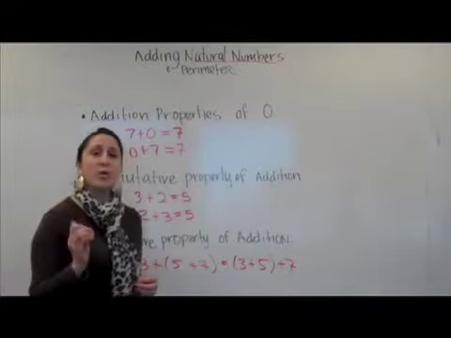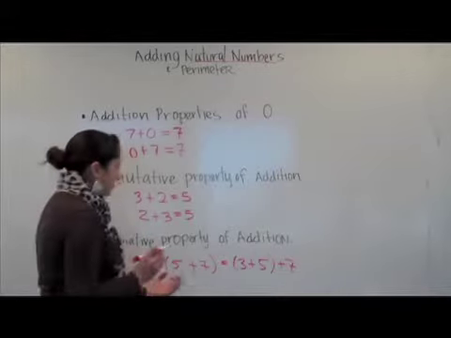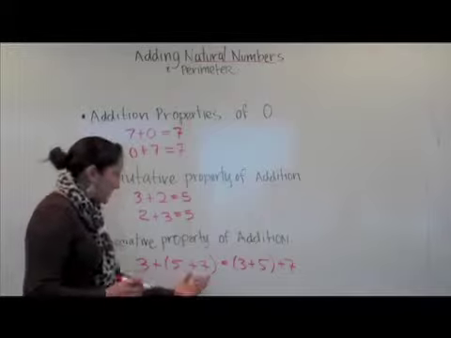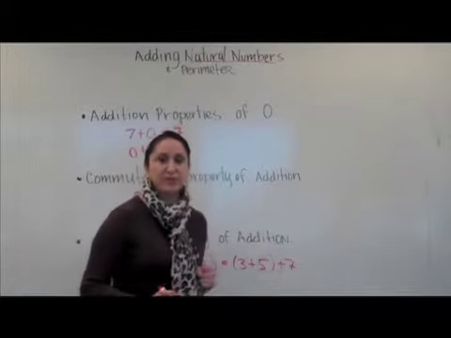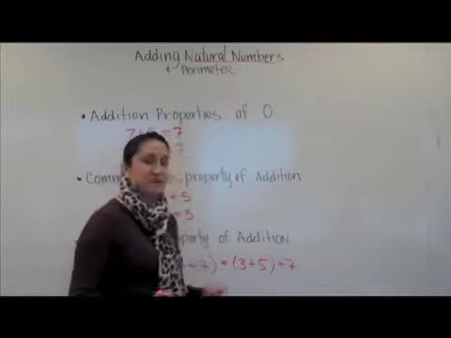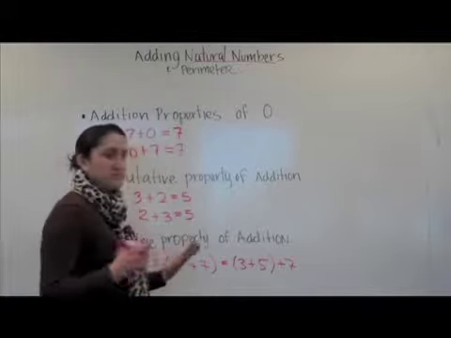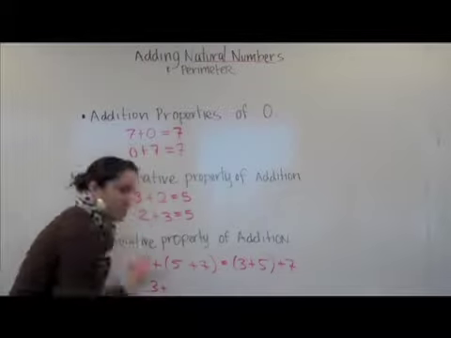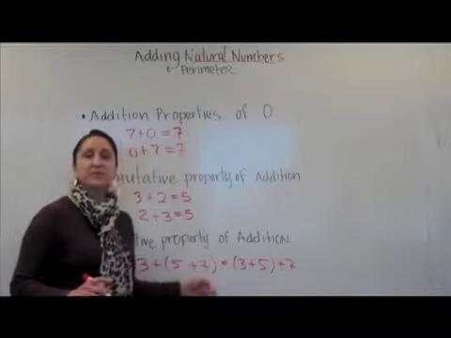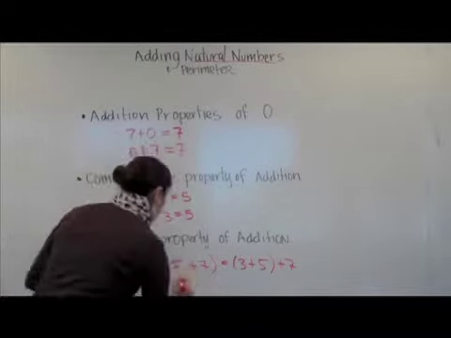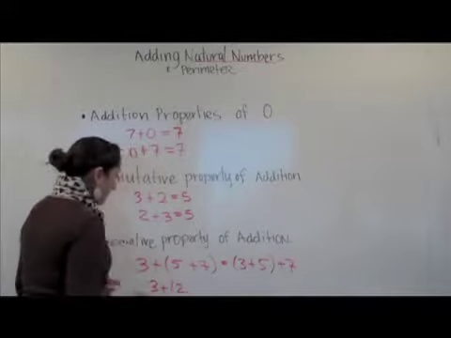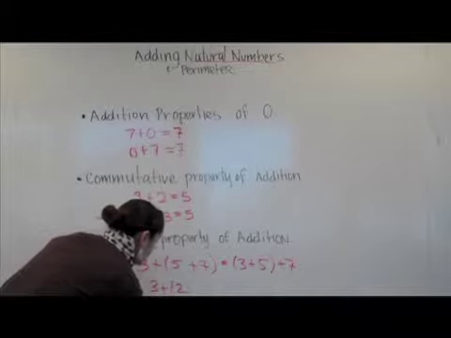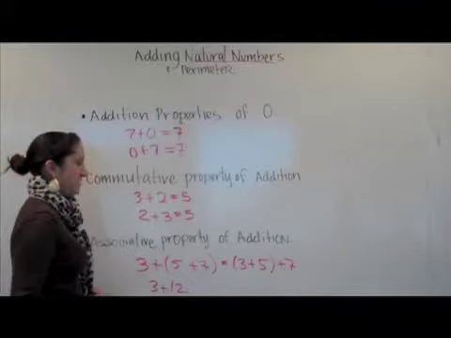What's important here is to know the grouping. Do we have to do 5 plus 7 first, or can we do 3 plus 5 first? Let's see. If we do what's in parentheses first, 5 plus 7 gives us 12, and 3 plus 12 gives us 15. So we have 15.